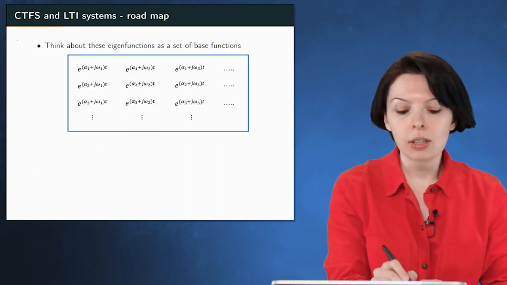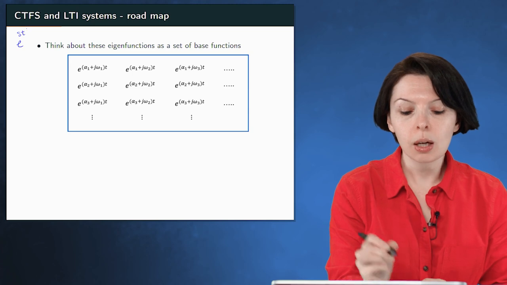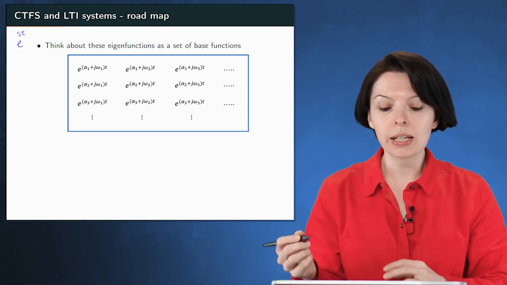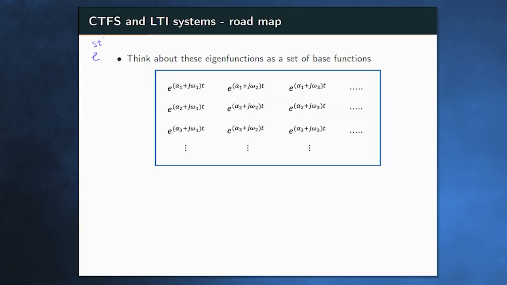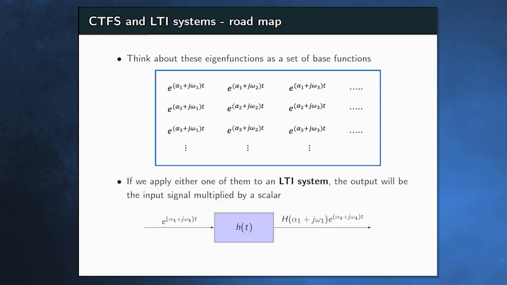Okay, so these base functions, e to the st, I provided a few examples of them just for you to see how they look. So s is a complex number in general, alpha plus j omega. These are complex exponentials that are different for every complex s value. Regardless, if you apply each one of them to an LTI system, the output is going to look similar to the input signal.